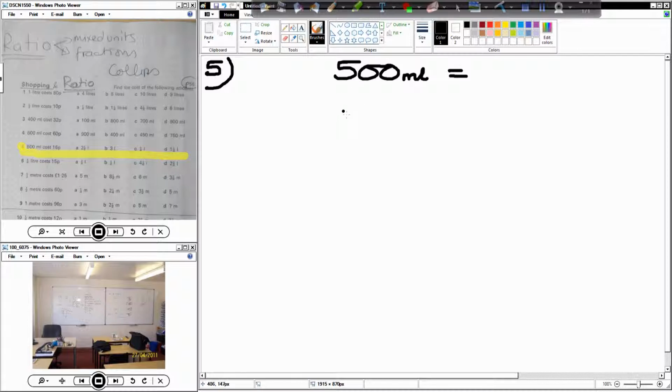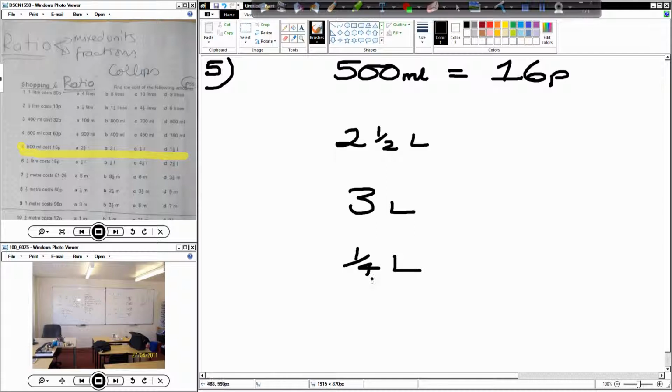So 500 milliliters cost how much? 16p. We don't have to do that either. 2.5 liters. 3 liters. Quarter of a liter.